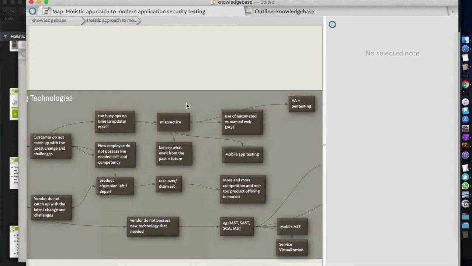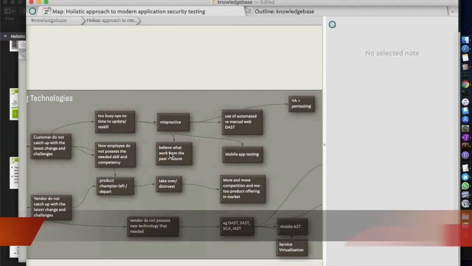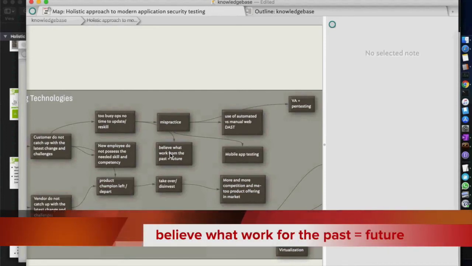As you can see, with this kind of being too busy, or due to human nature, we don't really want to spend hard time to learn and reskill ourselves, or to catch up with new ways of testing or new tools, how to perform modern testing and exploits. We believe that what worked in the past will be equivalent in the future.